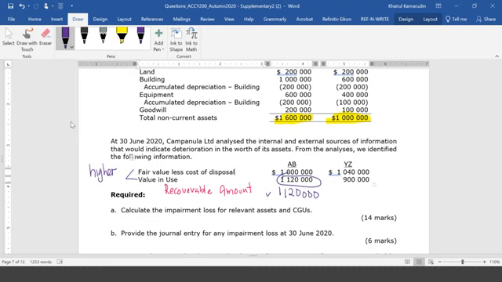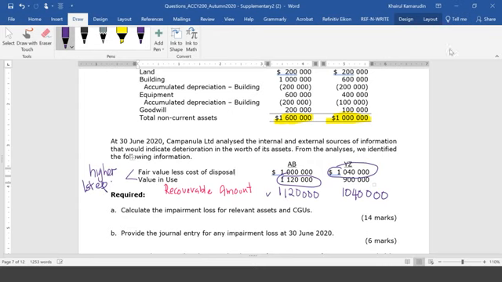Whereas for YZ, the fair value less cost of disposal is higher than the value in use, so I am going to use this value, 1,040,000. So this is your first step.